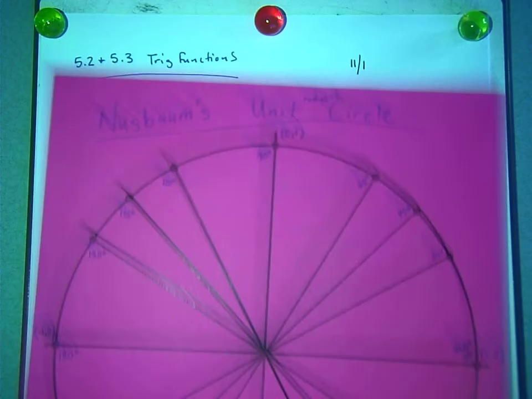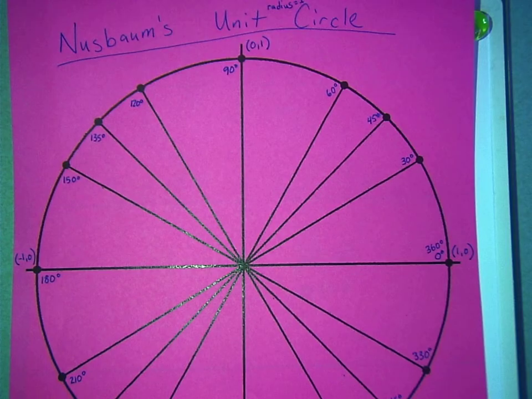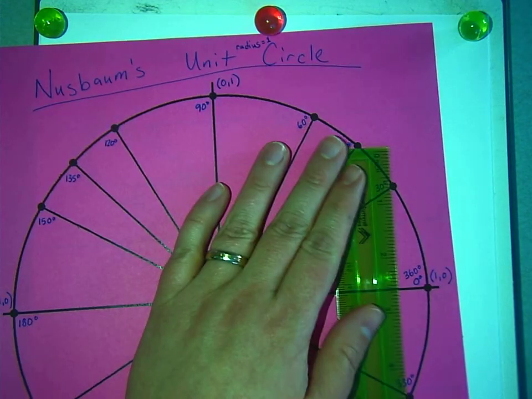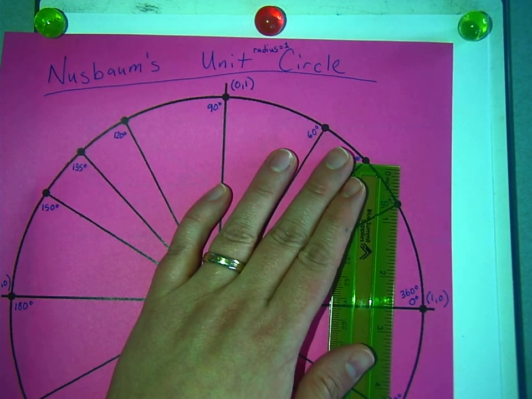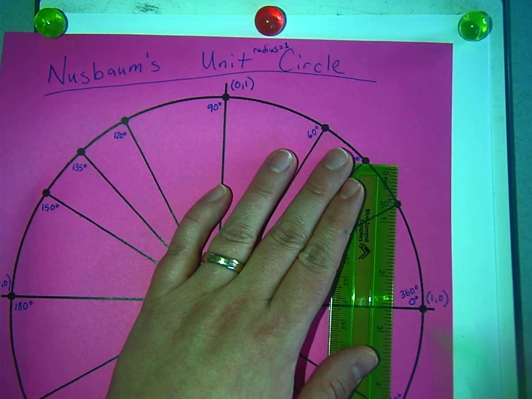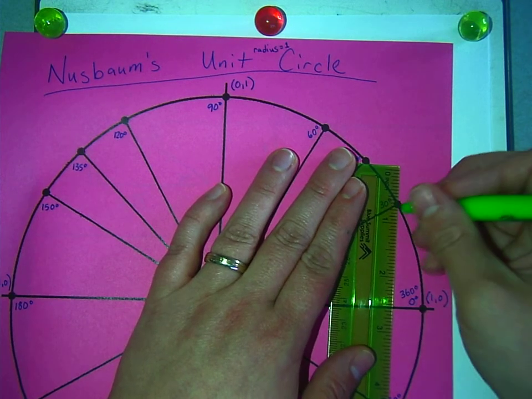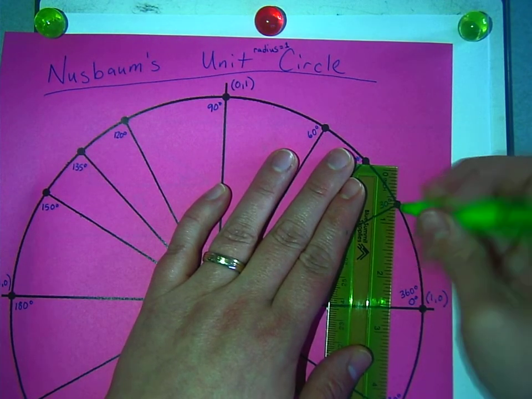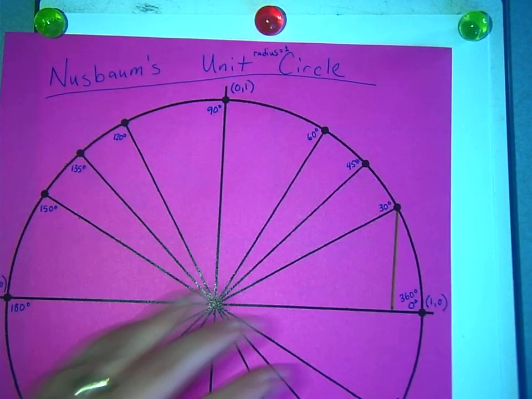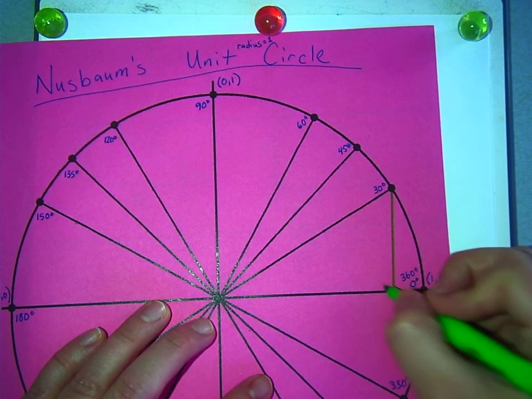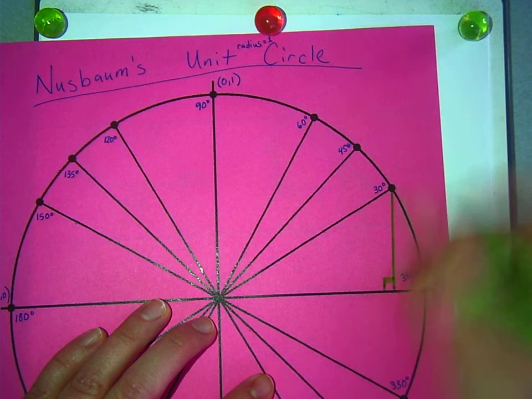Okay. Now I want you to use your ruler and a color of your choice. Try to line your ruler up with that middle line on any of the little hash marks going sideways so you actually get this to look like a right triangle. And you're going to draw a right angle coming down.